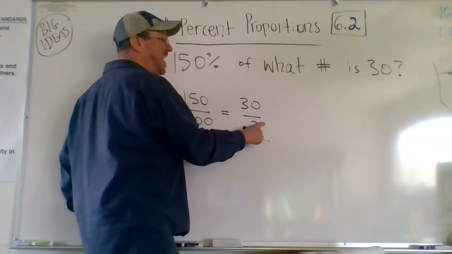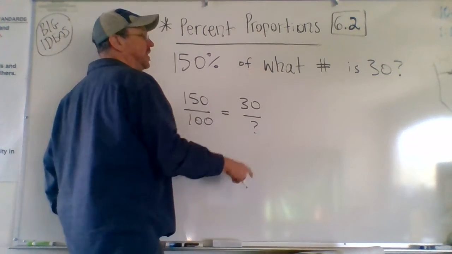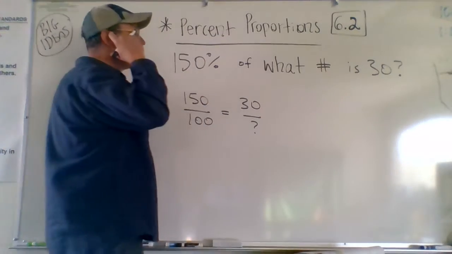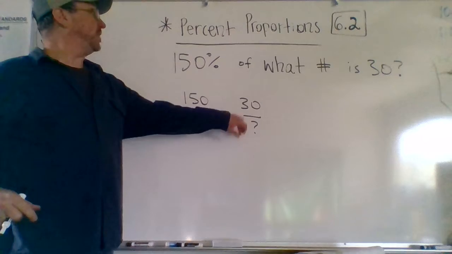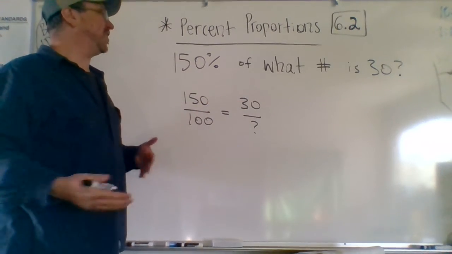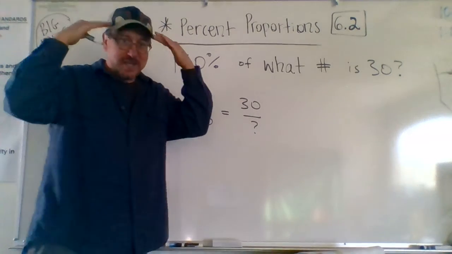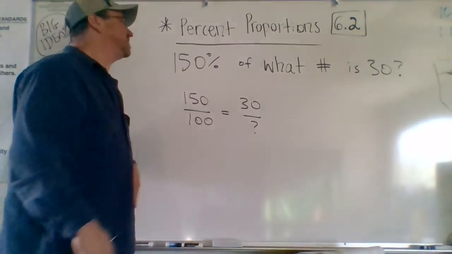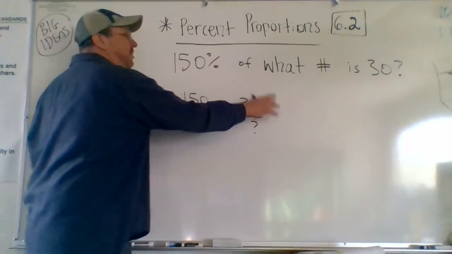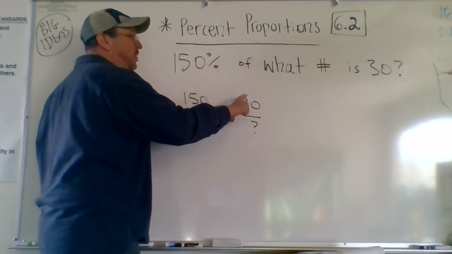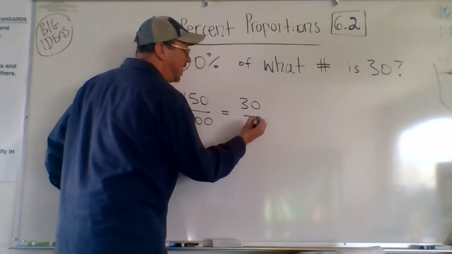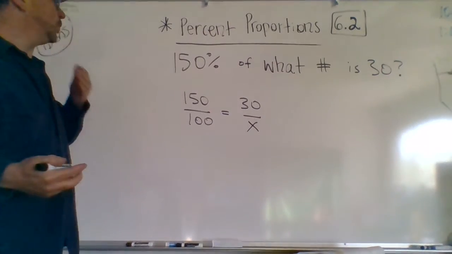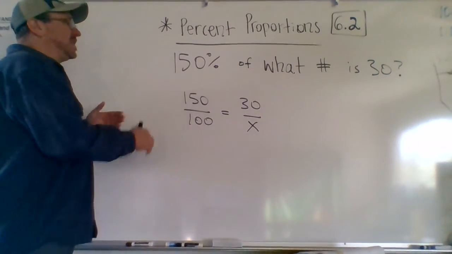The number we are trying to find is going to be 30 is 150% of that number. Again, rereading it, getting it clear in your brain, making sense out of it. Once you have this step, rereading it again, do all those values feel right? Sound right? Are they logical? Yes. Cool.